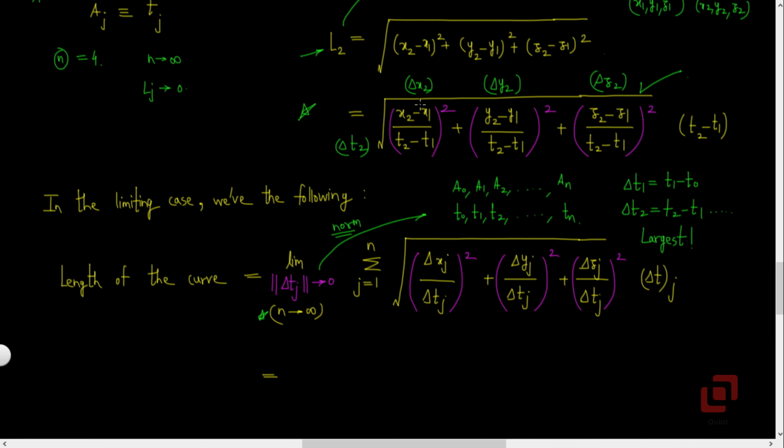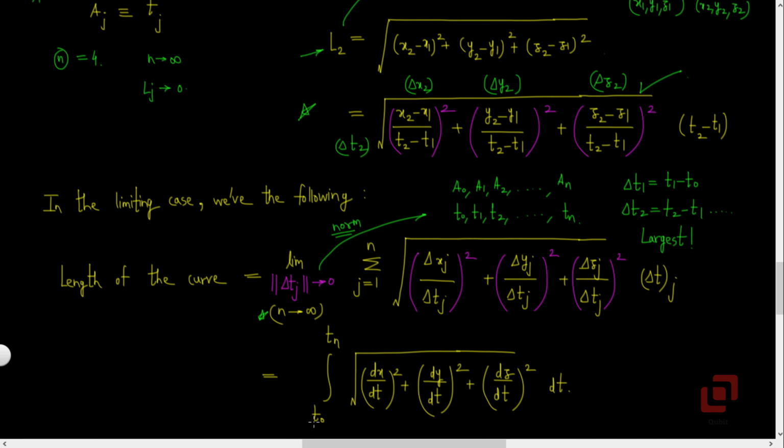If we collect the deltas for x, y, z and t, put them in this expression, take the sum and finally take the limit of the sum, then we will get the definite integral. T0 denotes the value of the parameter t at the starting point of integration, that is point A, and Tn denotes the value of the parameter t at the end point of the curve, which is B.